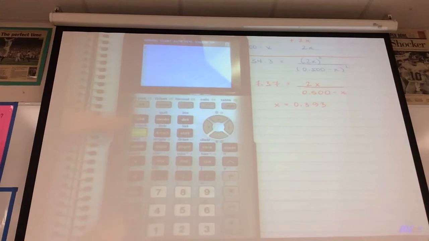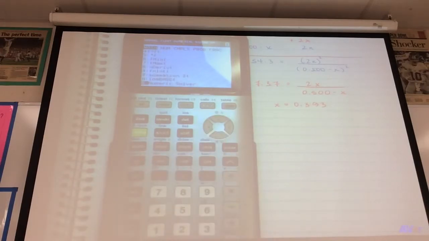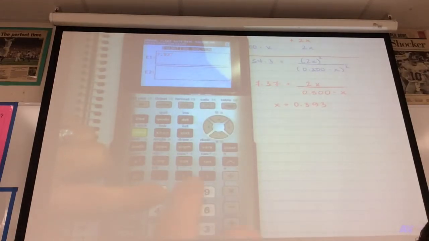No. Let's go to math and fly down to numeric solver. I'm going to put that expression in: 7.37 times (0.5 minus x), close parentheses, minus 2x.